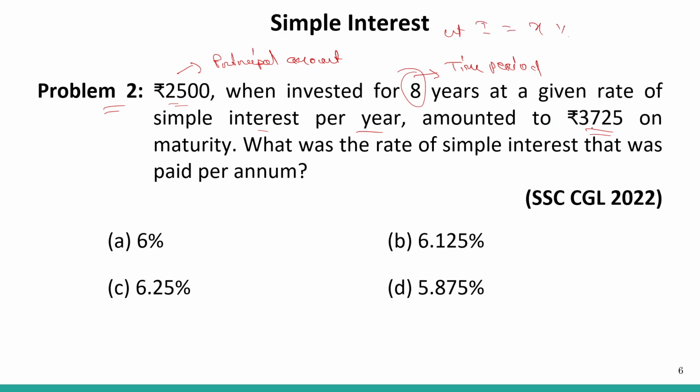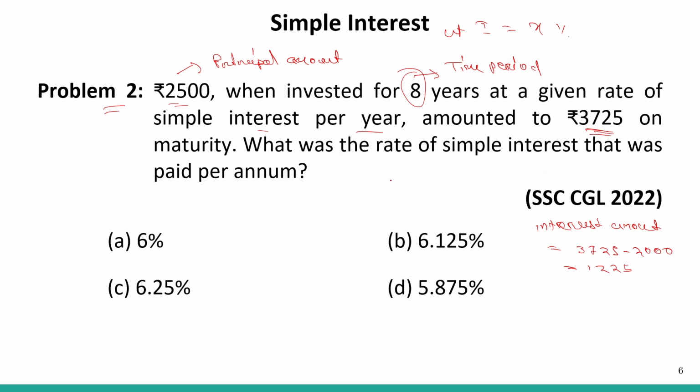So this amounts to 3725. So the profit, or interest amount, is equal to 3725 minus 2500, which is 1225. What was the rate of simple interest that was paid per annum?